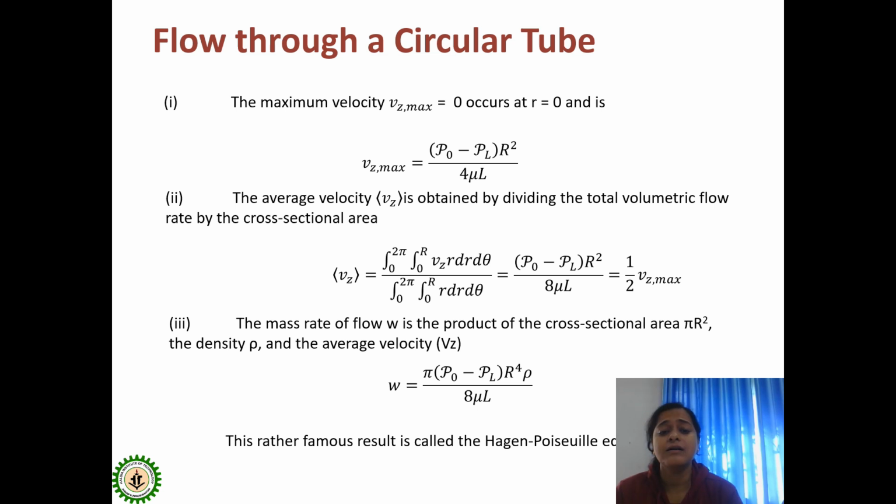And the last one is the mass rate of flow. The mass rate of flow, small w, is the product of the cross-sectional area pi R square, the density rho, and the average velocity.